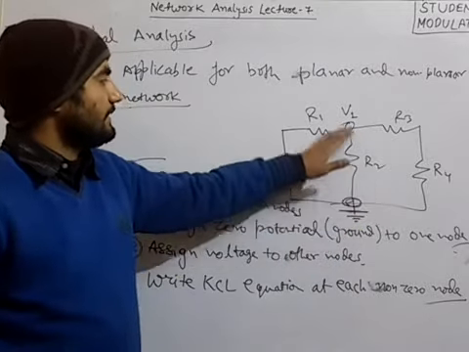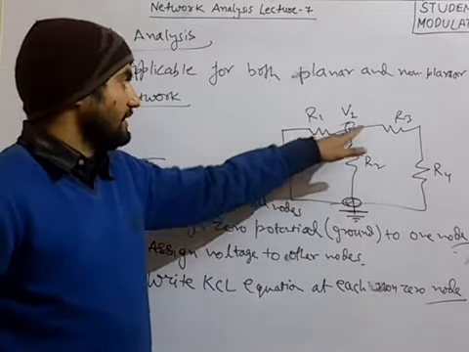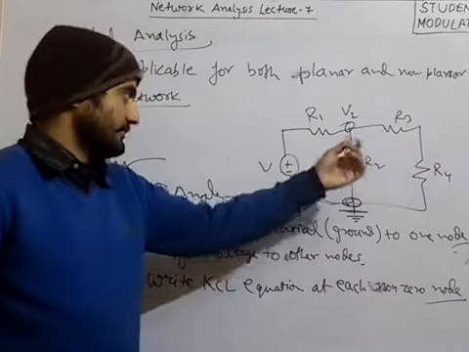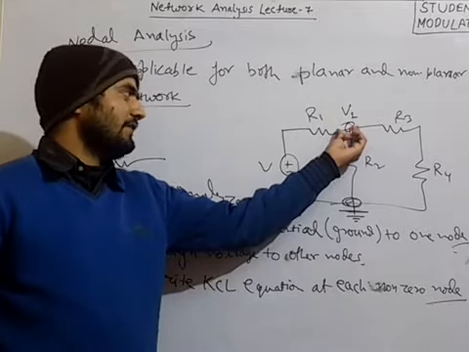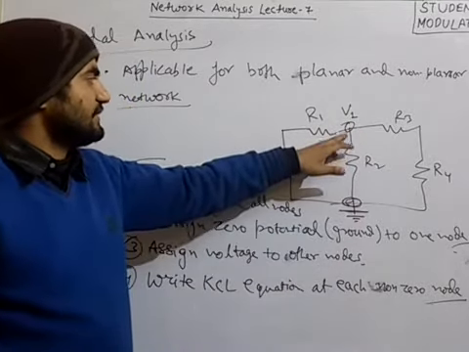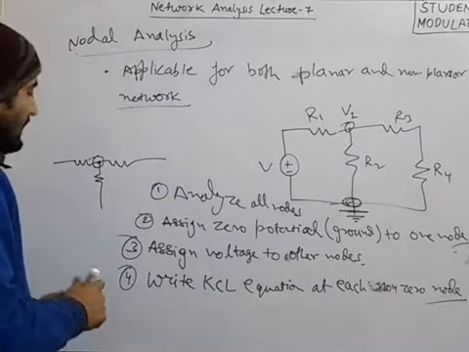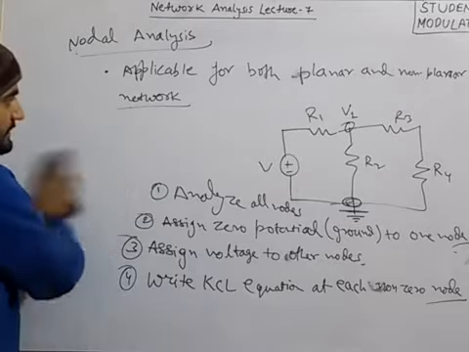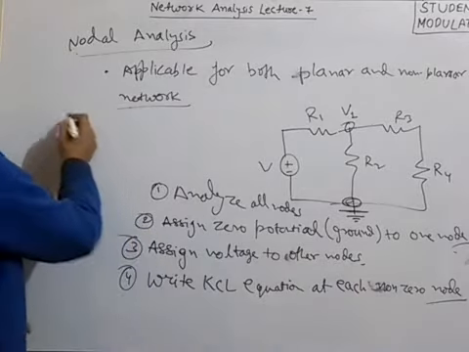Leaving that node, we will write the nodal equation, or KCL equation, for each other node. So here we are left with only one node apart from the zero potential node, so we will write the KCL equation for this node only. So how can we write the KCL equation for that node? It's very easy. What does the KCL equation mean?